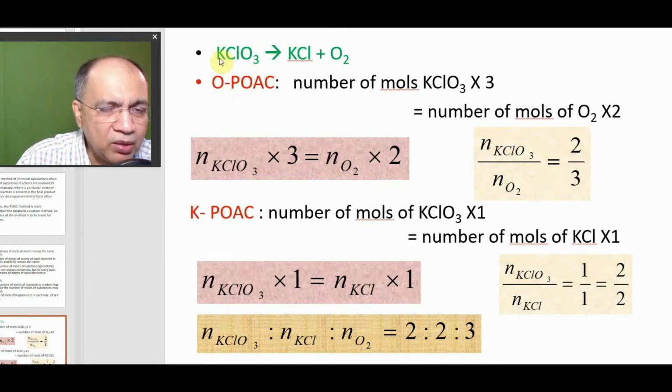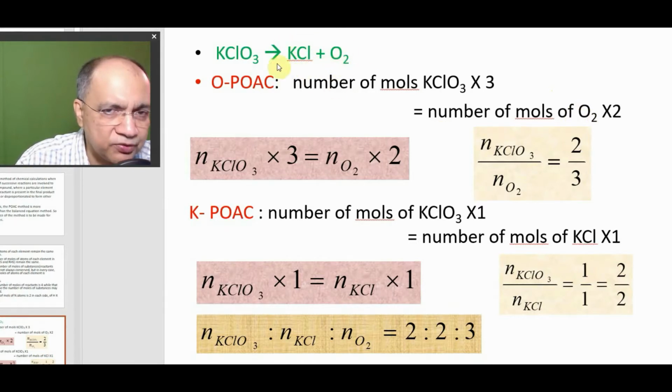And you see, in one molecule there are 3 atoms. So whatever number of moles of KClO3 you are given, in your analysis, that is multiplied by 3, because 1 mole contains 3 moles of oxygen atoms. So X moles will contain X into 3 moles of oxygen atoms. On the left side and in the right side, there is no oxygen here, so nothing is to be written for this, but here there is oxygen.